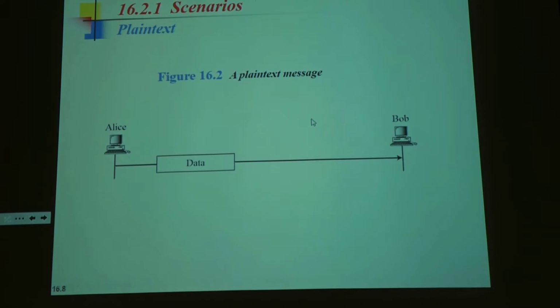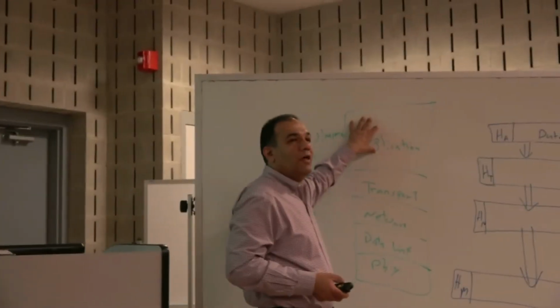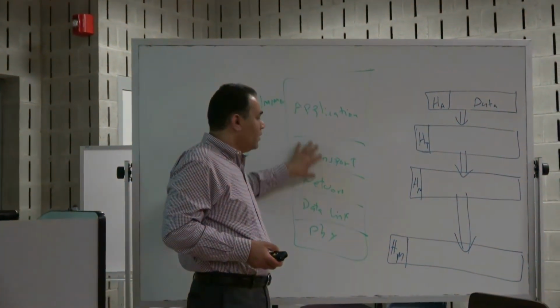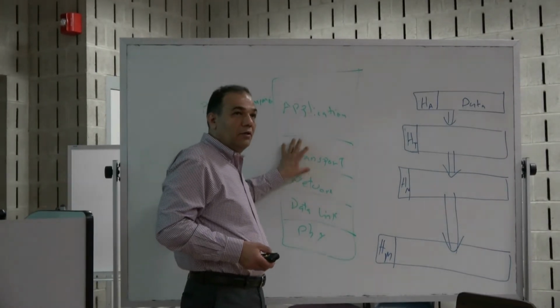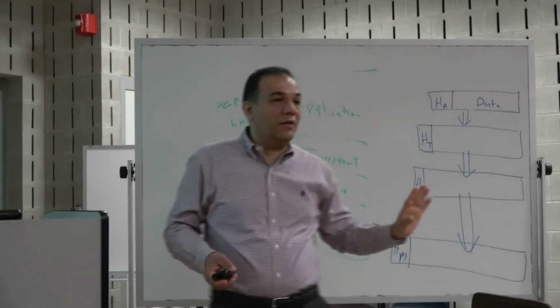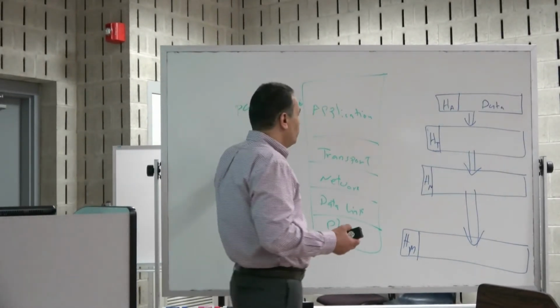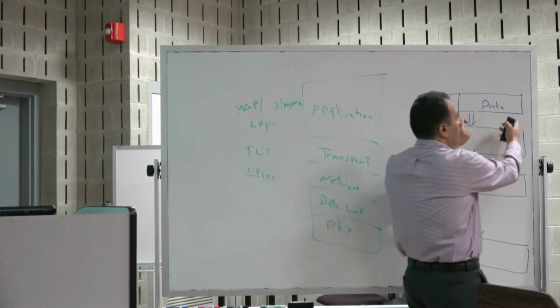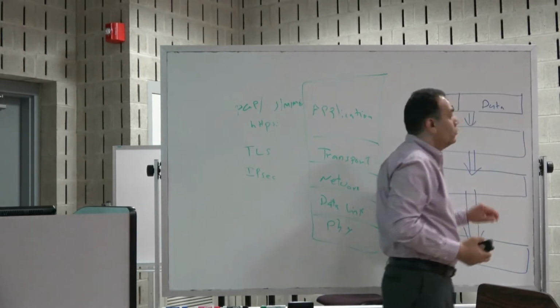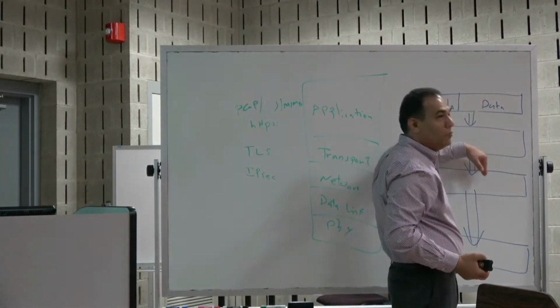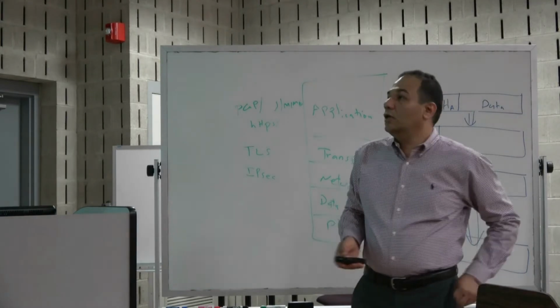And we're talking about security at the application level. If you don't use security at the application level, we might have security at lower levels. So it's not necessarily that the data is encrypted or not here. It could be not encrypted, but when it goes to the low level, it would be encrypted.